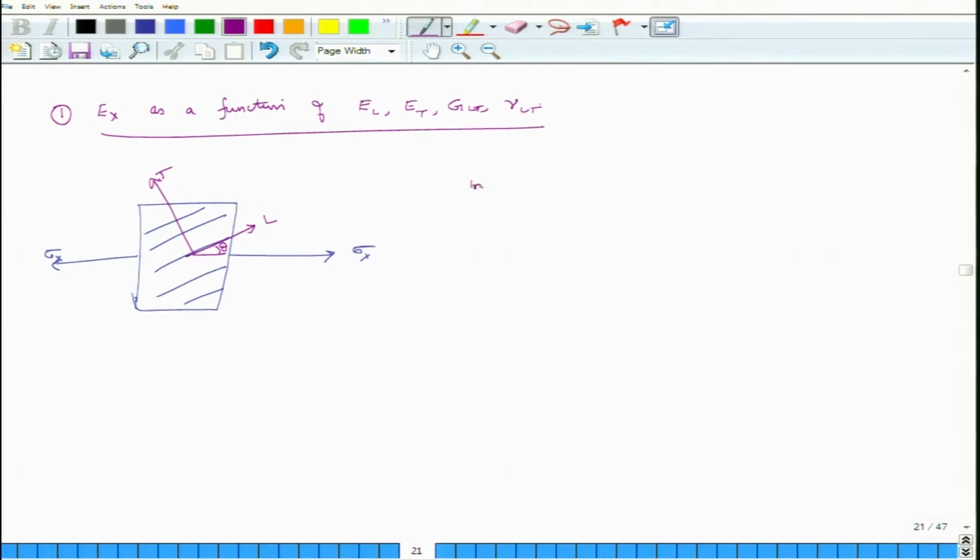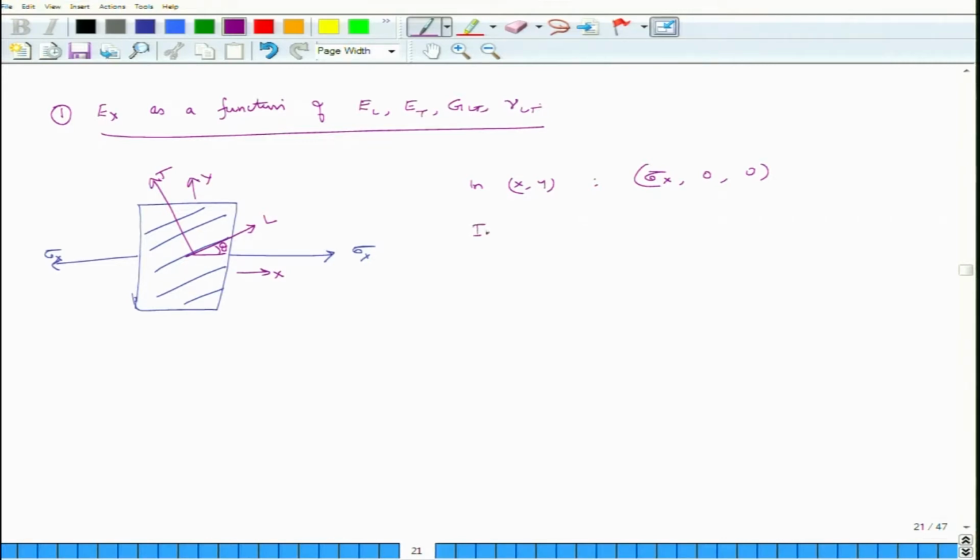So, this is my x axis system, this is my y axis, right, this is my x and this is my y. So, in xy frame, what are the stresses? Sigma x, 0 and 0, there is no stress in the y direction.